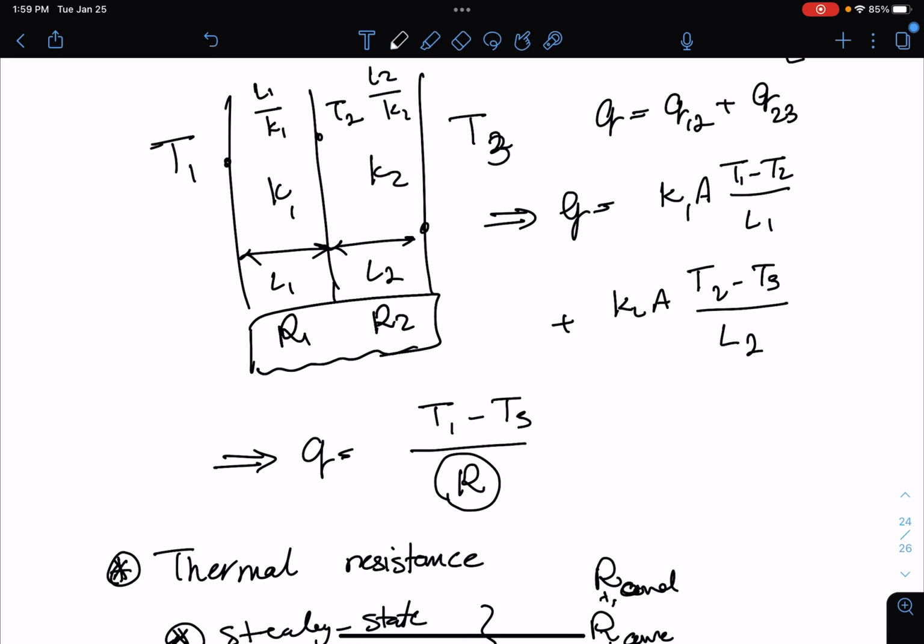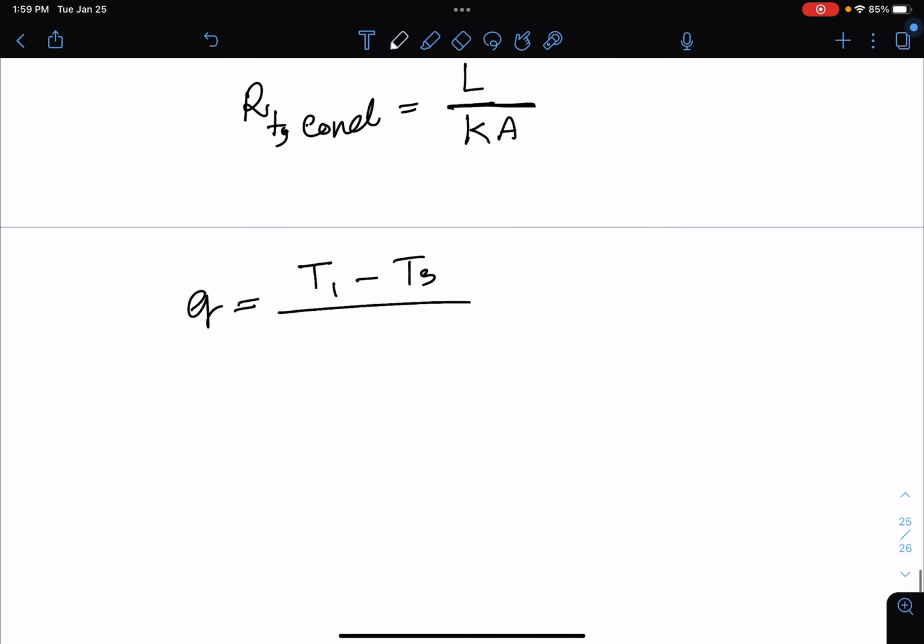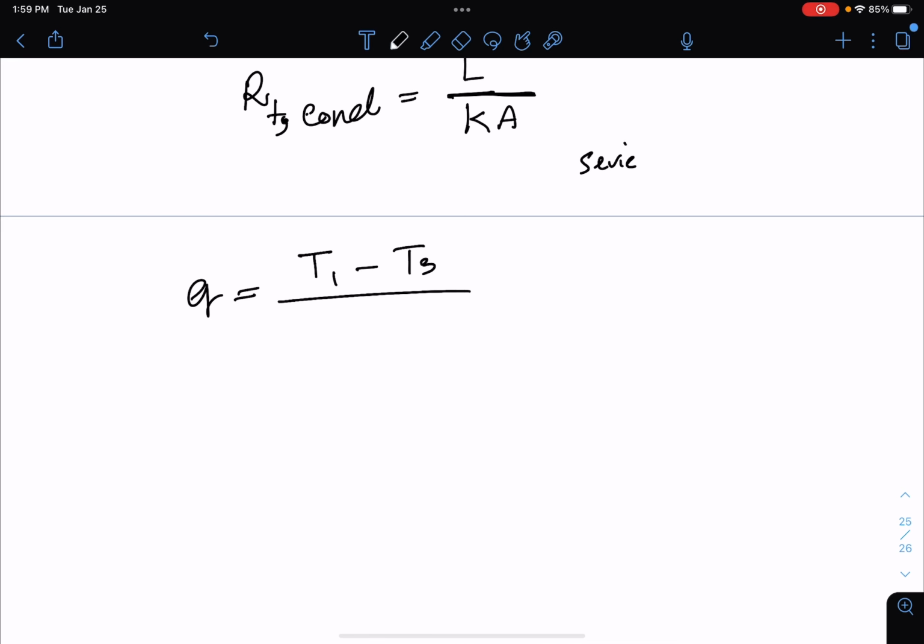It is series, right? When it is series, you should just simply add the resistances. So R total is equal to R1 plus R2. And here we have R total in the denominator, so I'm going to get L1 divided by K1A, plus L2 divided by K2A.